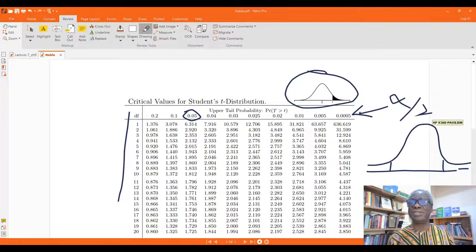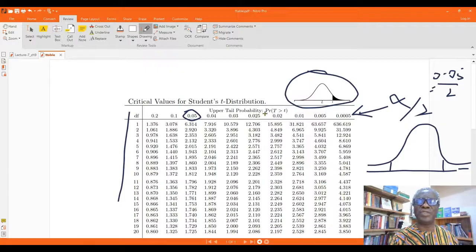So the value you will check here will be 0.05 divided by 2, which is going to give you 0.025.